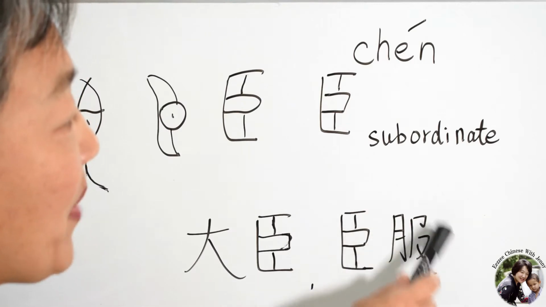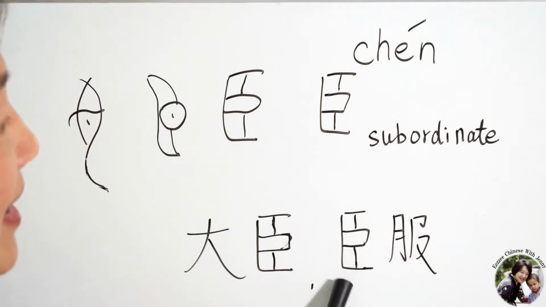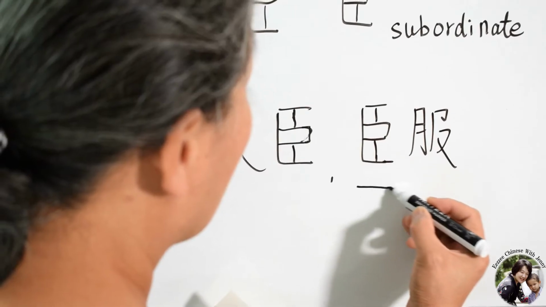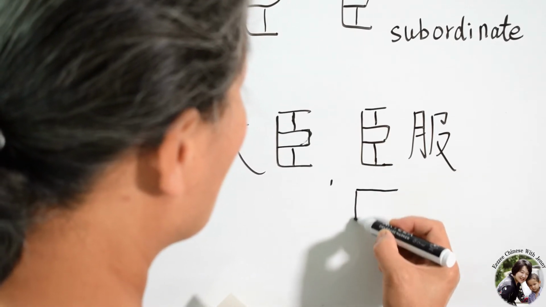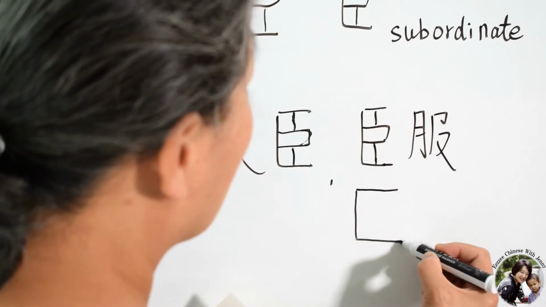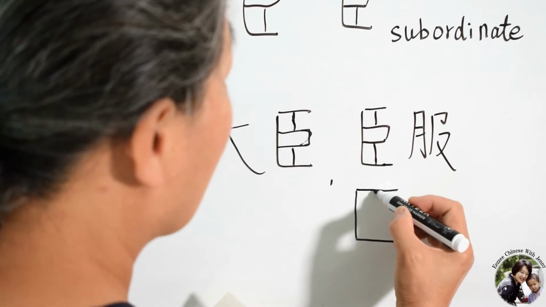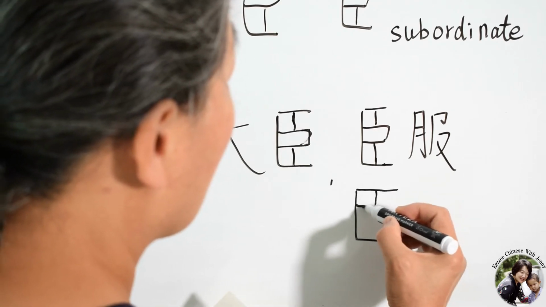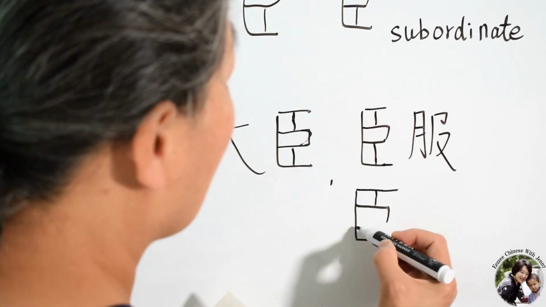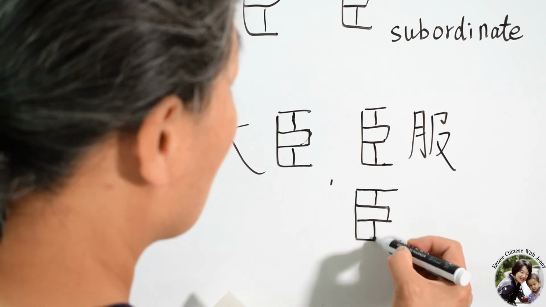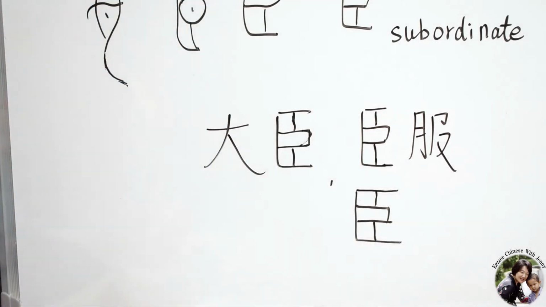This means obey, and this character together means you're willing to obey the order. And it is written like this: 横竖折, the outside first, and then 竖横折横竖, chen, subordinate.